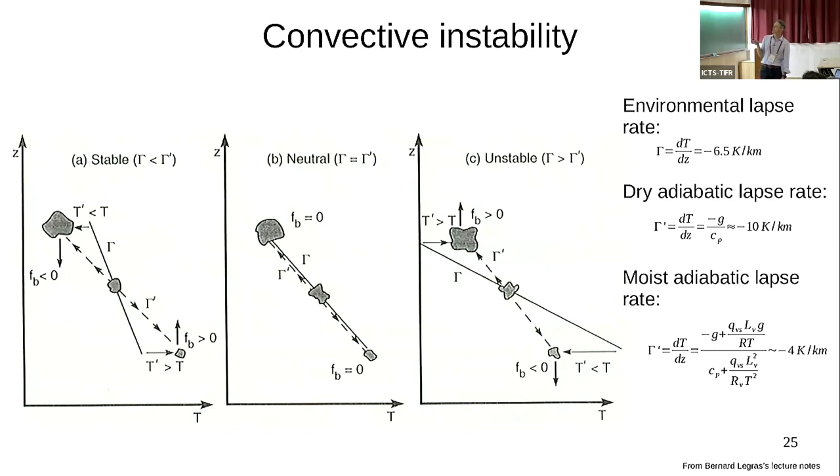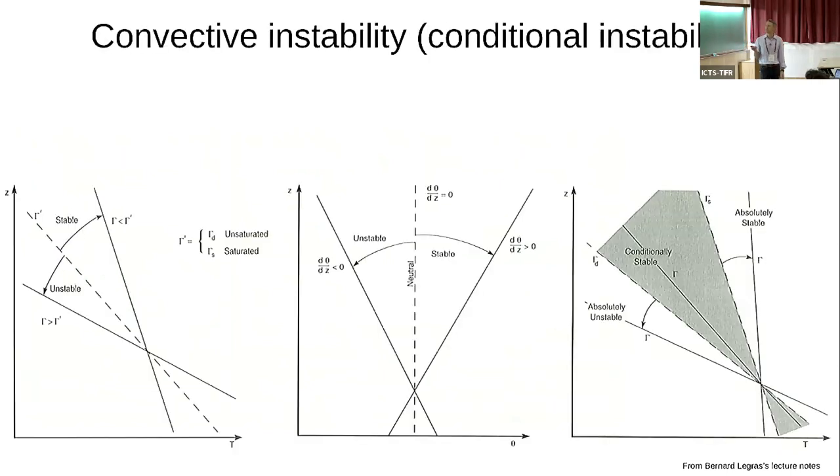So you can see that typically the environmental lapse rate is in between the dry and the moist adiabatic lapse rate. So it would be stable for a dry adiabatic displacement of air. It will tend to come back down. But it will be unstable if it's following a moist adiabat, if it's in a saturated mode. If this parcel of air becomes saturated, it becomes unstable. This is what we call conditional instability.